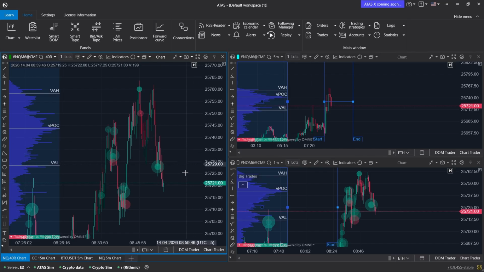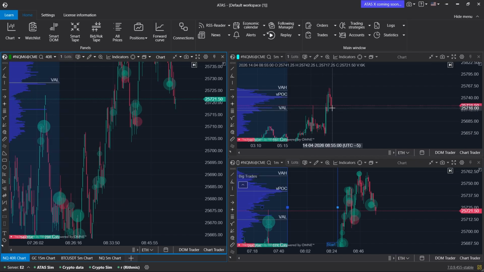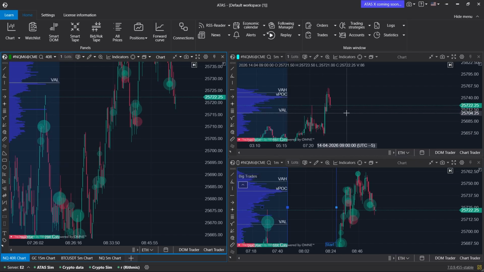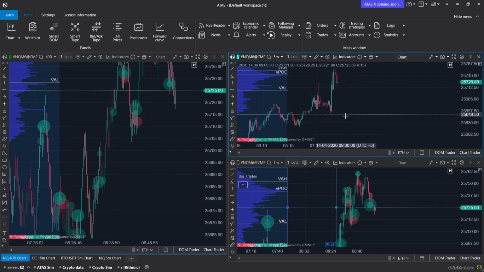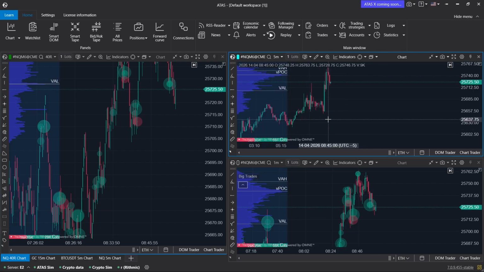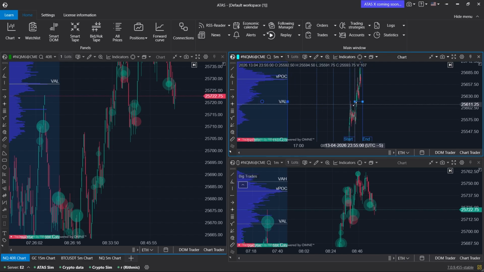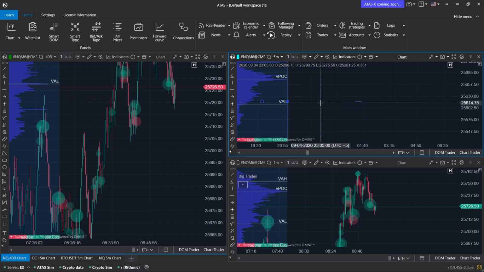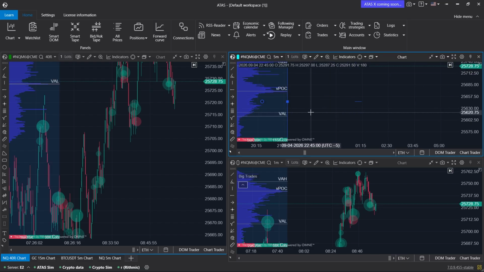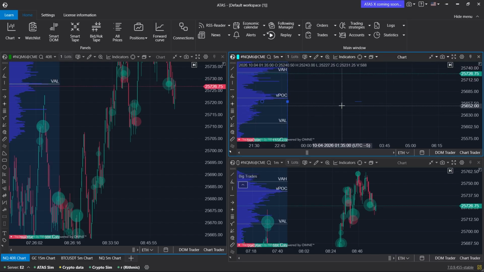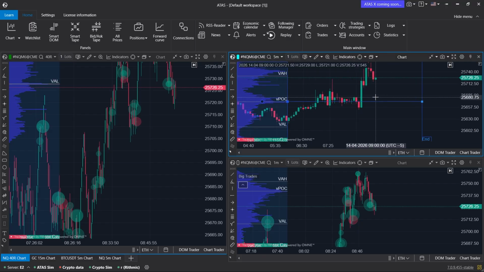My SL is over here, and my TP is at this value area low, which I might change to over here because this was the big move that came. This would be my today's last take profit, right? I would win a sell trade.